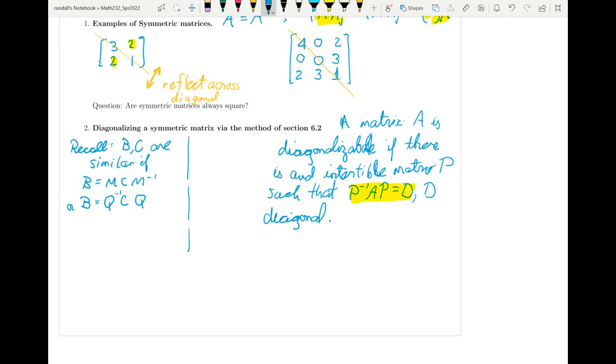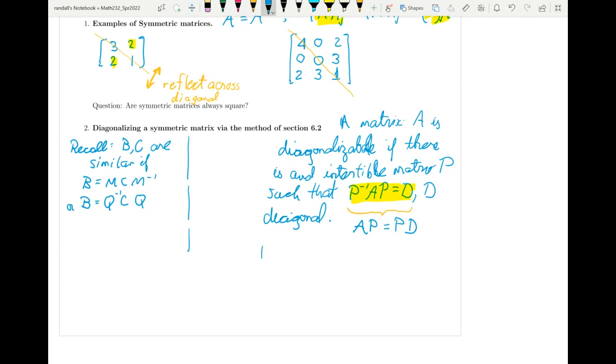For a diagonalizable matrix, you have to remember that the inverse of P is on the left of A. One way to remember that is to rewrite this: multiply both sides by P on the left, and you get AP equals PD. That follows from P inverse AP equals D.